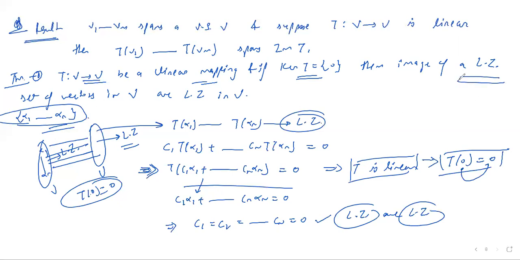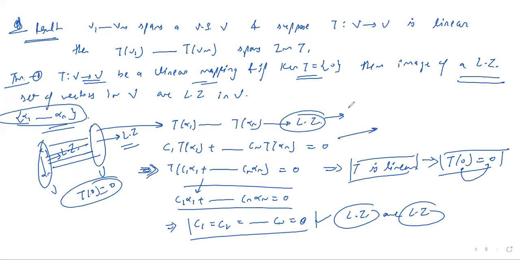This is given in the theorem. So as all the alpha i's are independent, all the constants c1, c2 to cn have to equal 0. Now we got that all the ci's are equal to 0, so from this we can say that T alpha 1, T alpha 2 to T alpha n are linearly independent.